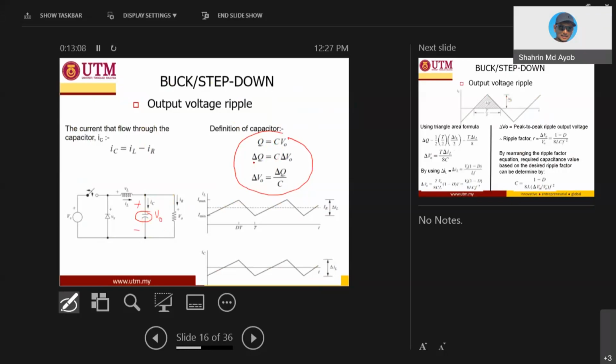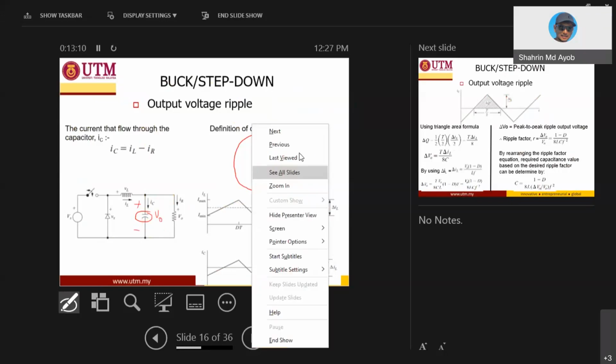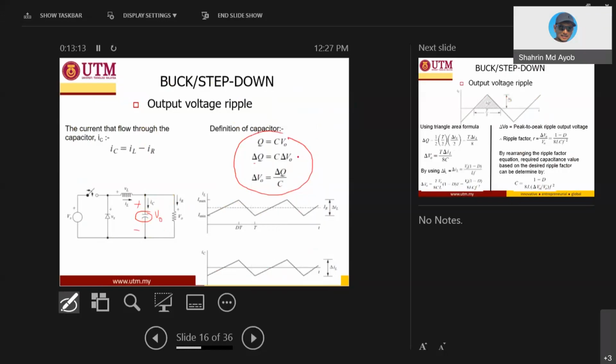Any change of the charge, delta Q, results from the change of the V out, because the value of the capacitor is fixed. You didn't change the capacitor. So any change of the charge is because of the change of V out. That's why delta Q is equal to C multiplied by delta V out.